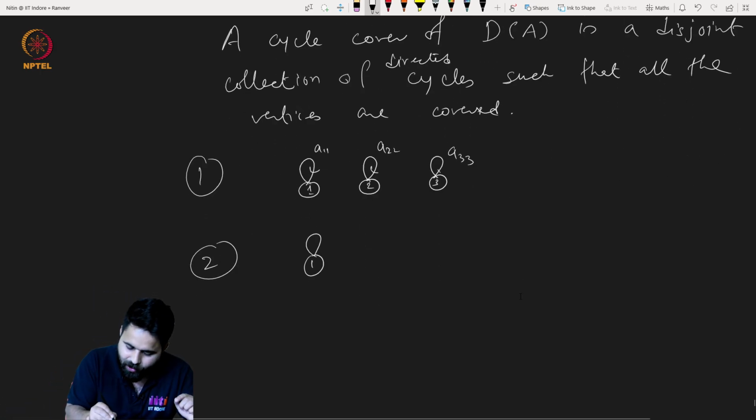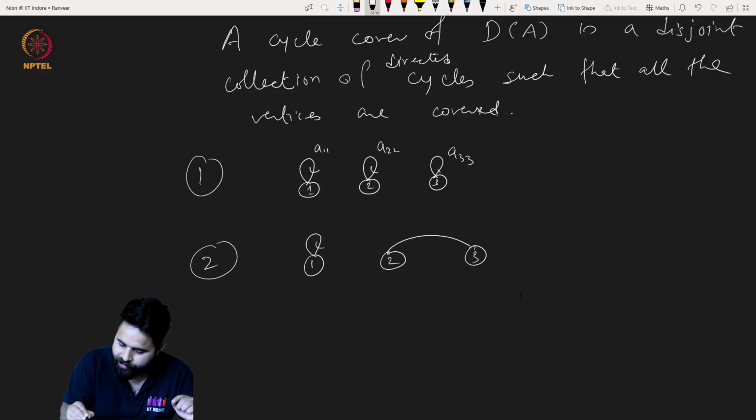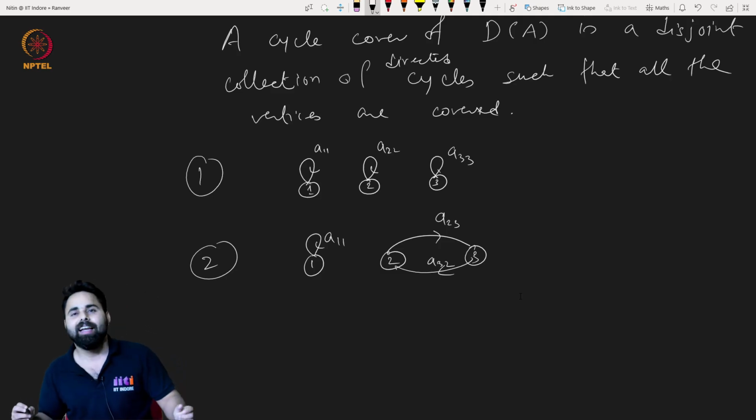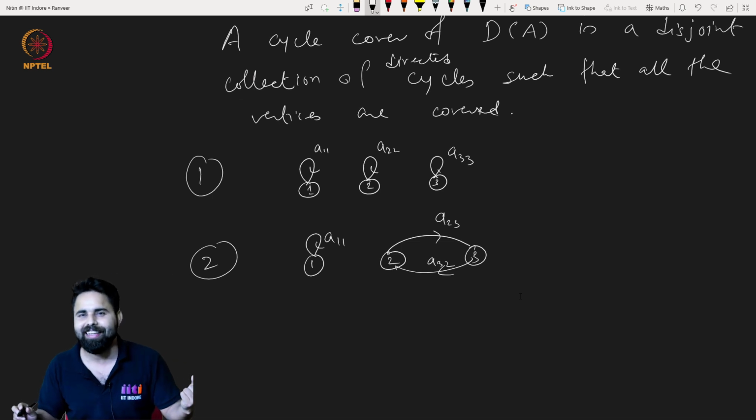Maybe you take the cycle from the first vertex, and then there is another cycle between 2 and 3, with A23 and A32, and A11. Now in this way there will be how many other cycle covers? There will be 4 more, in fact 6 in total.